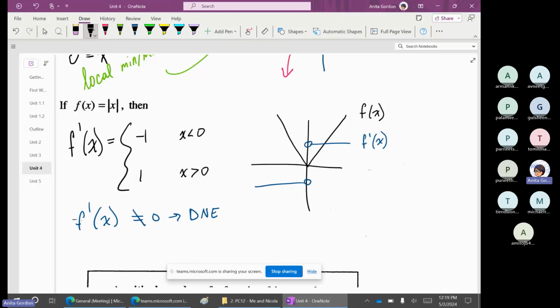The original function, f of x, has a minimum at 0, 0, but we're not able to tell that just by looking at the derivative.